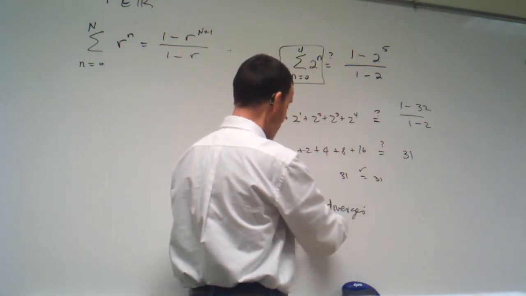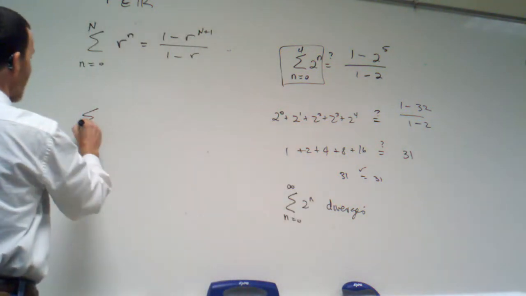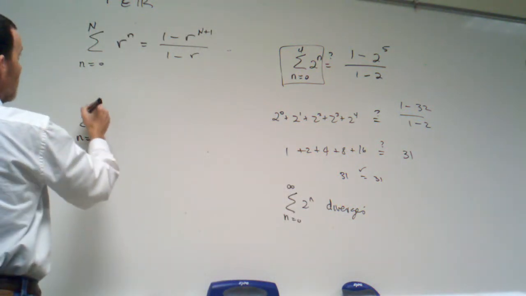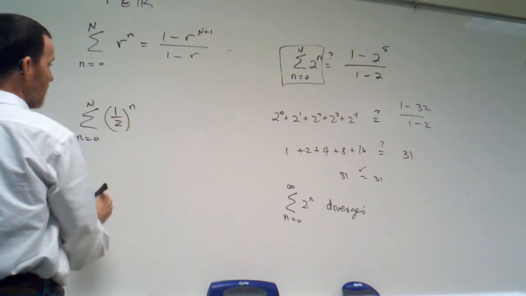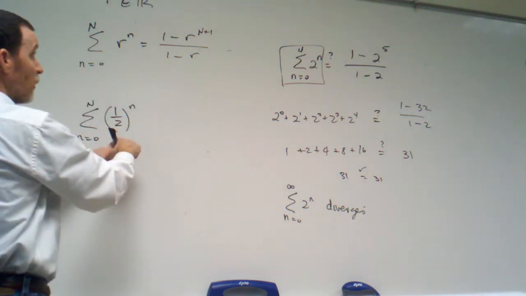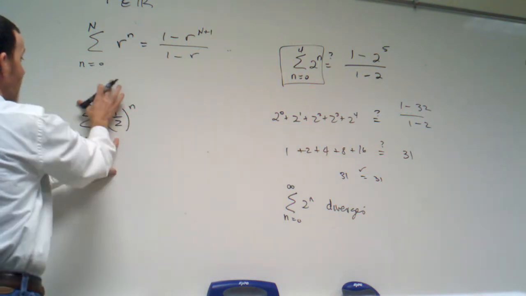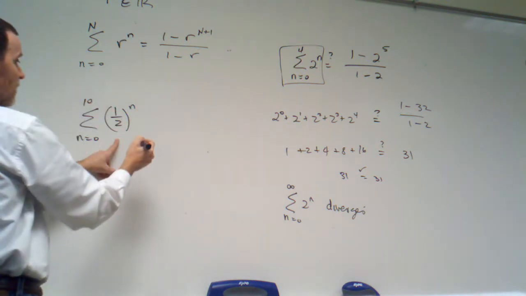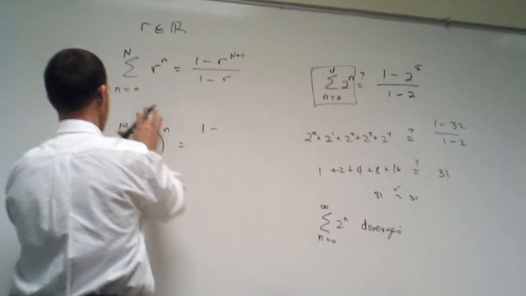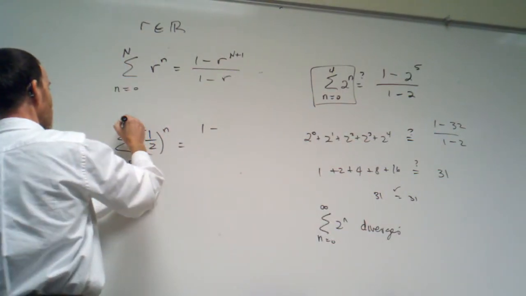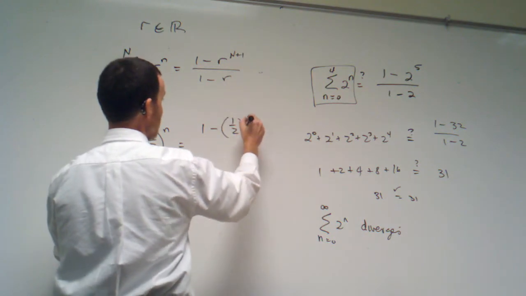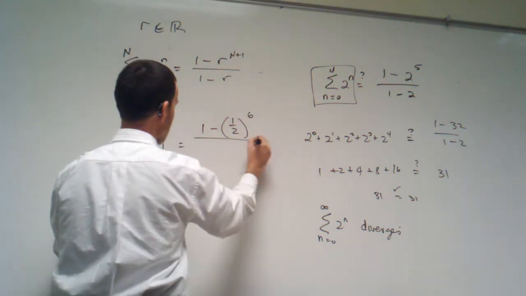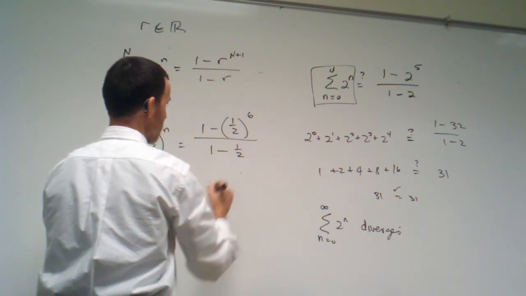But what if I did something like the sum from 0 to n of 1 over 2 to the n? That's still a real number, so my formula should still apply. Let's put a 5 up there. 1 minus 1 over 2 to the 6th over 1 minus 1 over 2.